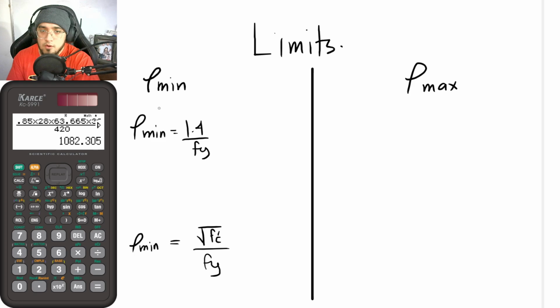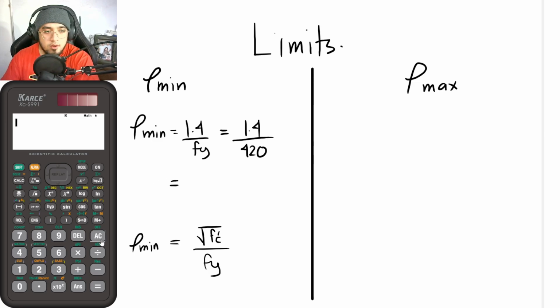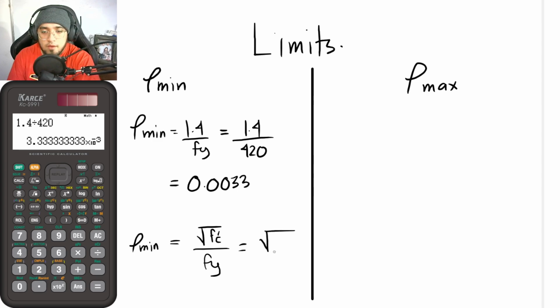So that might sound confusing, but take it this way. I think it would be better if we would be substituting it first and solving for the values. So for 1.4 over Fy, that is 1.4 over Fy of 420. So this is now equal to 0.0033. Okay, so square root of F prime C over 4 Fy, where F prime C is equal to 28.